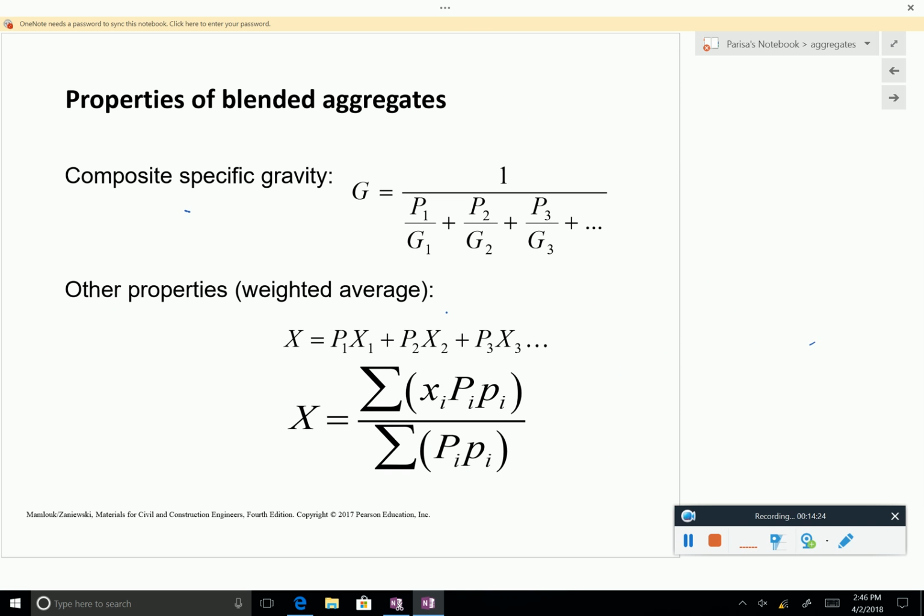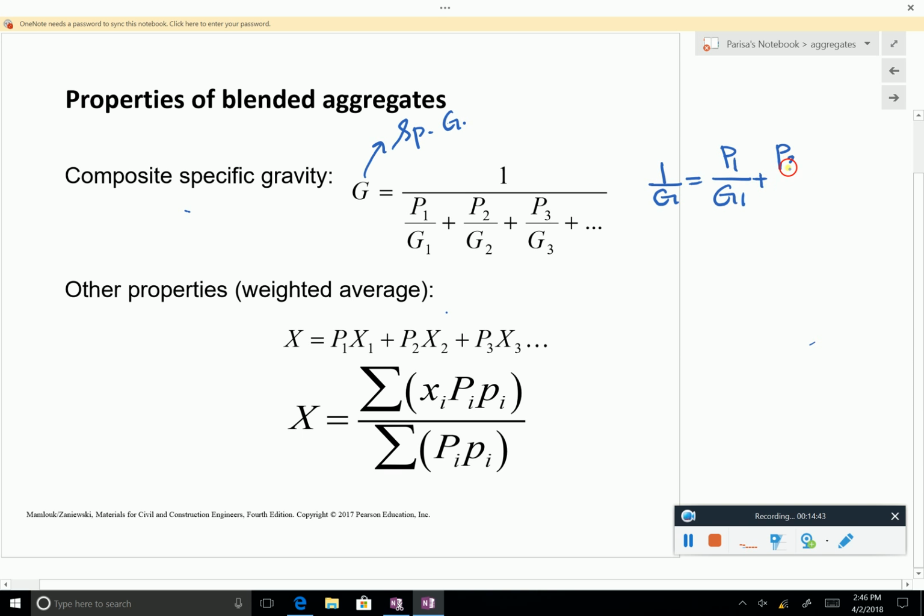A related problem is how to calculate the composite properties. For example, how to get the composite specific gravity. I told you sometimes we also use G. I like to write this more like that. I think it's easier for me to memorize.